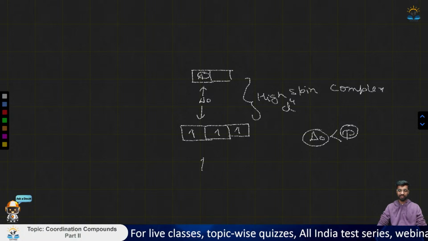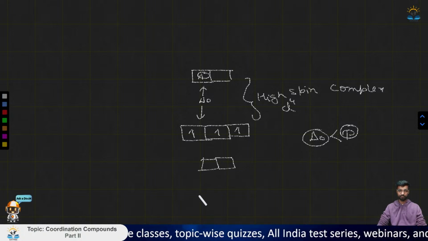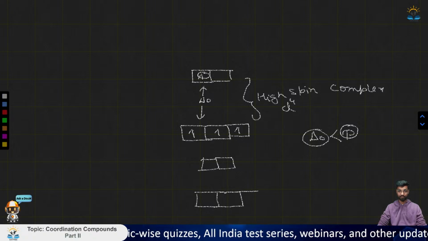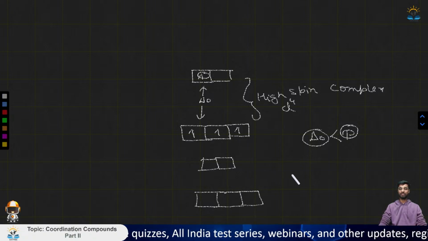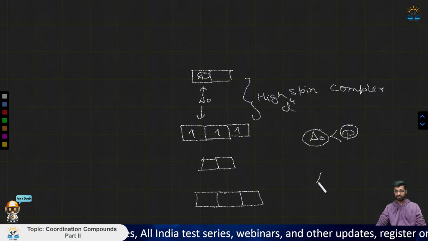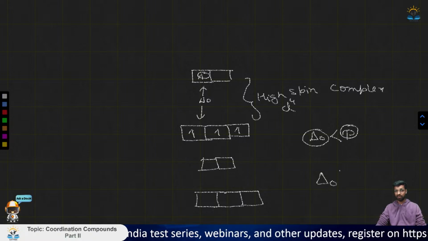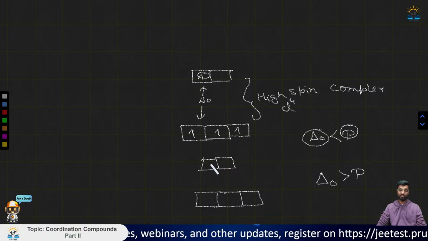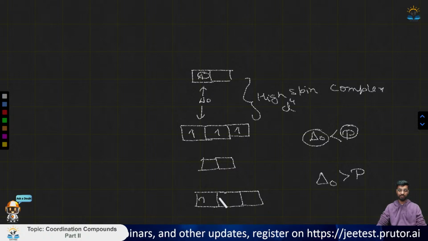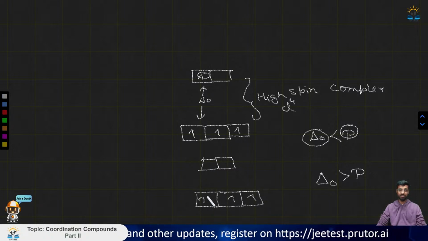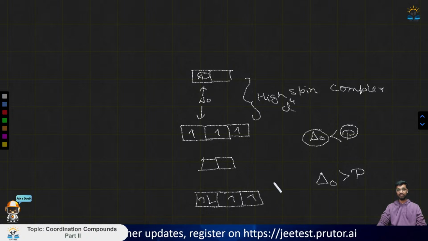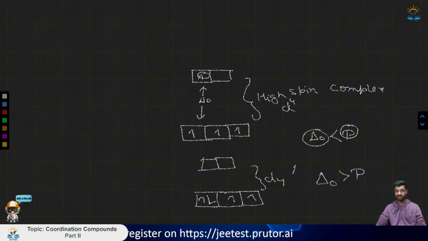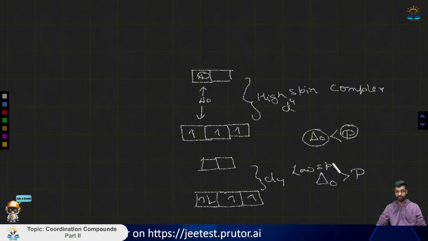Contrary to that, in the next case, delta naught is greater than P, meaning it is difficult to move the electron to the upside rather than to pair it. So we simply pair it, and for the same d4 we get this configuration, which is called a low spin complex.